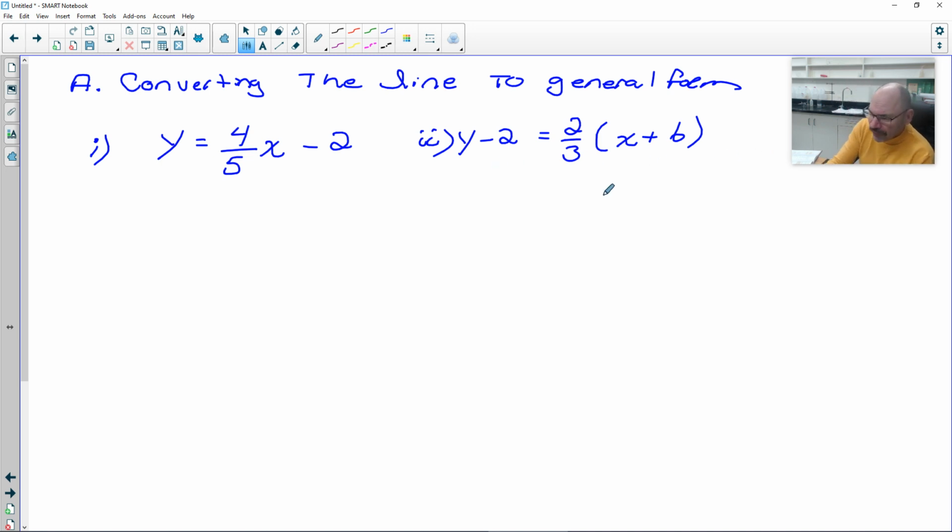So in this one here, step 1 is to eliminate the fraction. We're going to start by eliminating the fraction. Step 1, we're going to multiply by the common denominator.